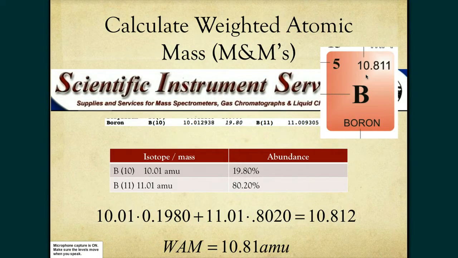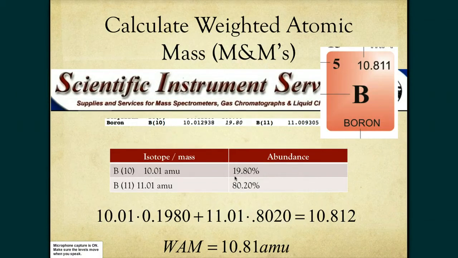So again, if you go to 2 decimal places, then my answer is exactly what it shows in the periodic table. So again, when you're figuring out weighted atomic mass, you will be given actual masses in atomic mass units, and then you will also have the abundance in percent.